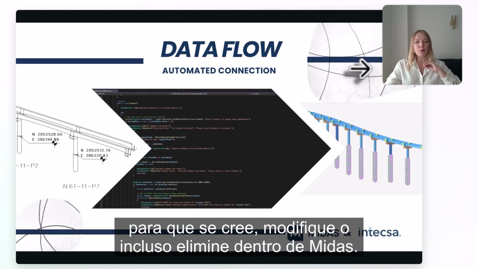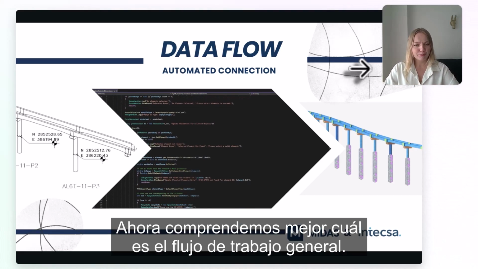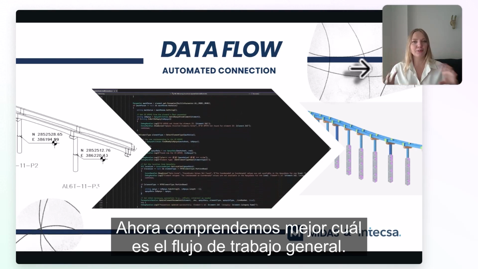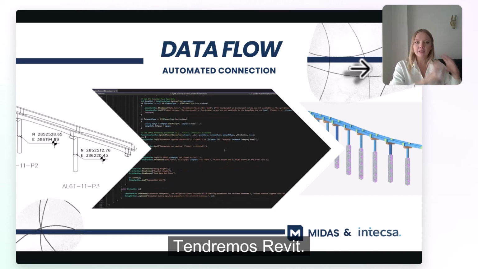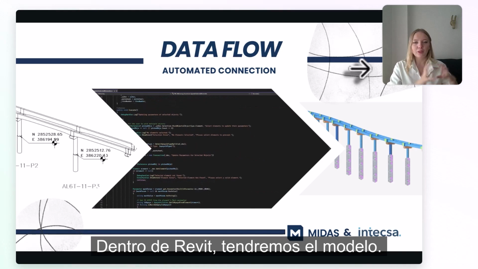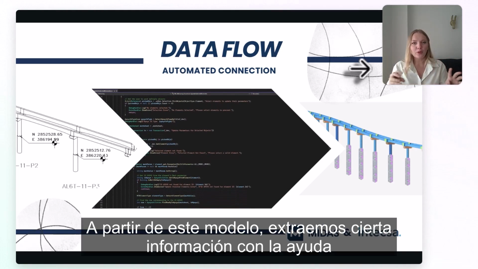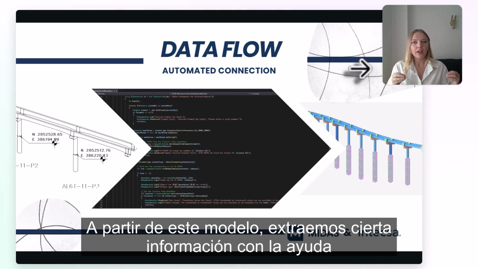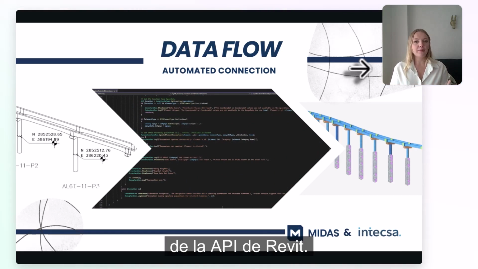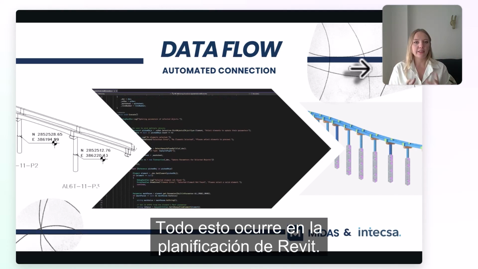So now we have more understanding of what is the general workflow, right? So we will have Revit. Inside of the Revit, we will have the model. From this model, we extract some information with the help of Revit API. All this happening in the Revit plugin.